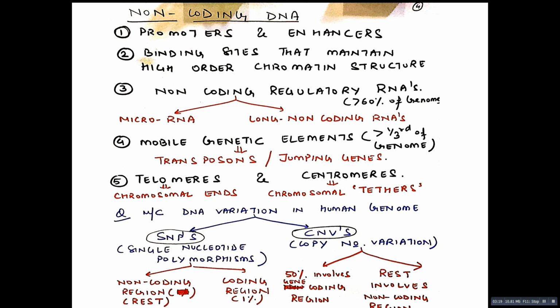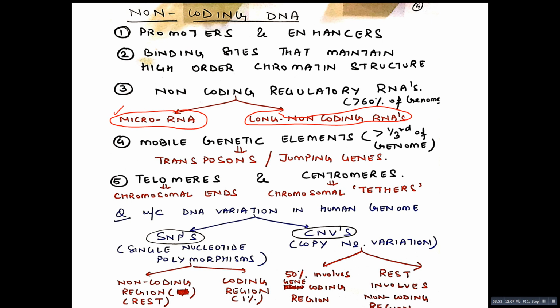Again, this can be divided into microRNA, which is a hot topic, very important for NEET, and long non-coding RNAs. Fourth, we have mobile genetic elements, which comprise more than one-third of the genome, called transposons or jumping genes. And fifth, the telomeres and the centromeres. Telomeres are the chromosomal ends, whereas centromeres are chromosomal tethers.